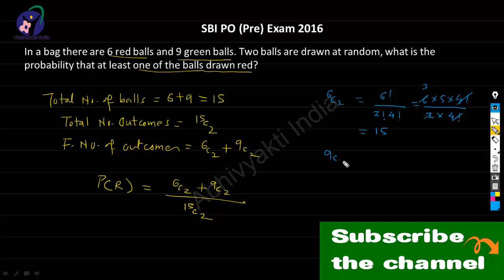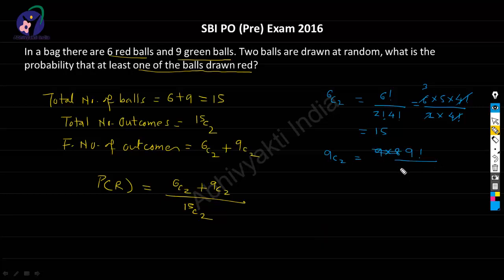Then 9C2, we solve it as 9 factorial upon 2 factorial into (9 minus 2) factorial, that is 7 factorial. So it is equal to 9 into 8 into 7 factorial upon 2 into 7 factorial. This will get cancelled. 2 4s are 8 and 9 4s are 36.